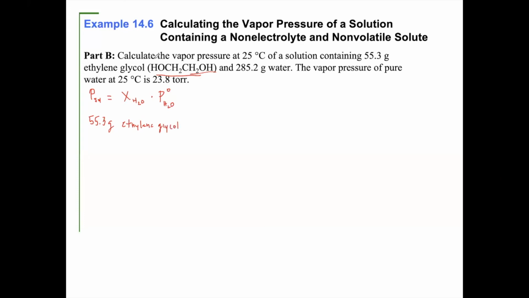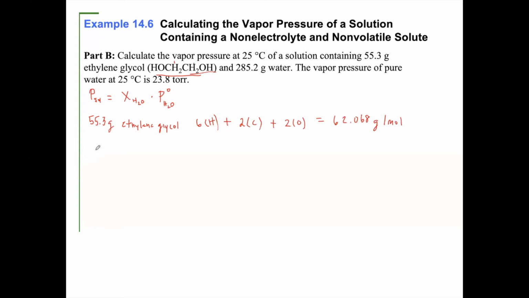So we've got 1, 2, 3, 4, 5, 6 hydrogens, 2 carbons, and 2 oxygens. So the molar mass of this is going to be 62.068 grams per mole.